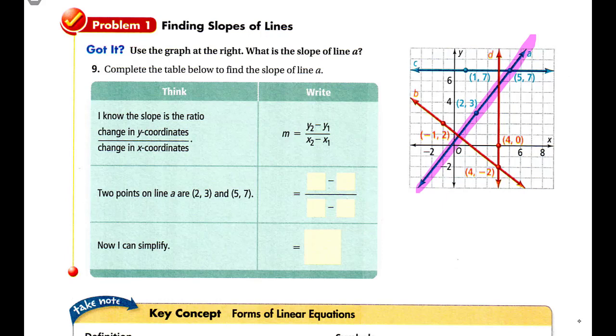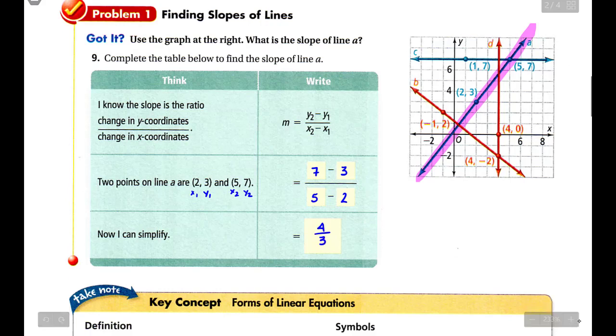Sometimes when you're given ordered pairs, it may help to label them. So I'm going to label this x1, y1, x2, y2, and that makes substitution easy. What I end up with in the numerator is 7 minus 3, and my denominator is 5 minus 2. 7 minus 3 is 4, 5 minus 2 is 3, and there's my slope, 4/3.